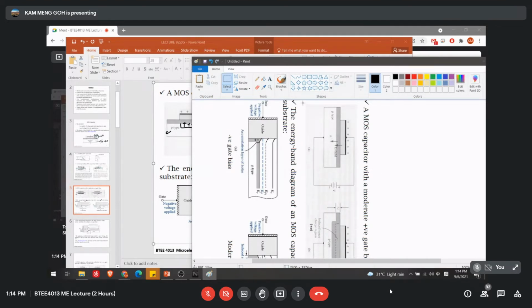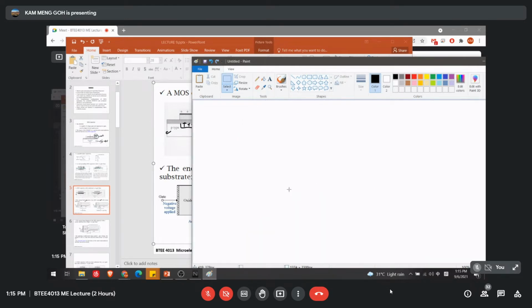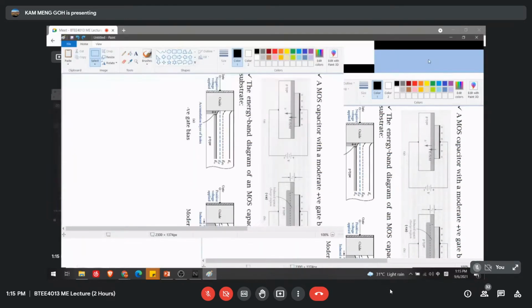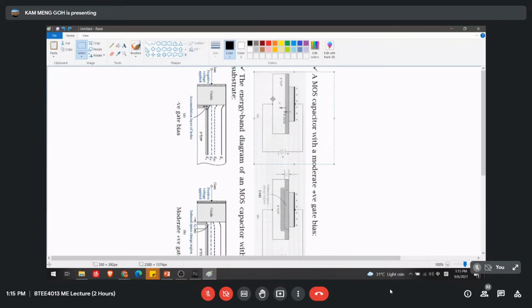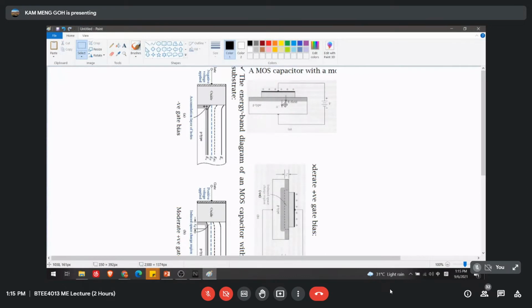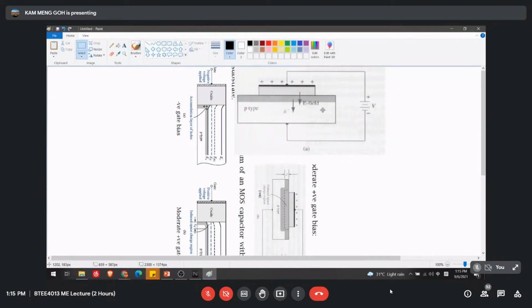So we have this, and then this one is rotated 90 degrees. Oh, sorry. What happened? So this one is rotated left 90 degrees. Okay, so basically this thing will look something like this. Enlarge it bigger.